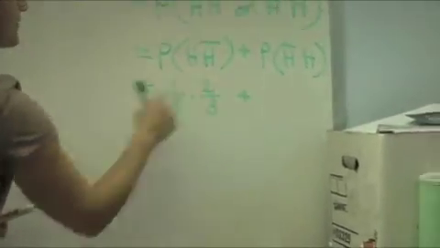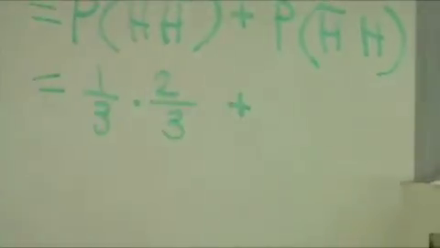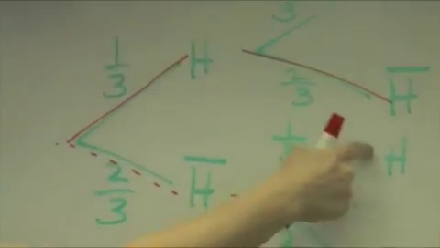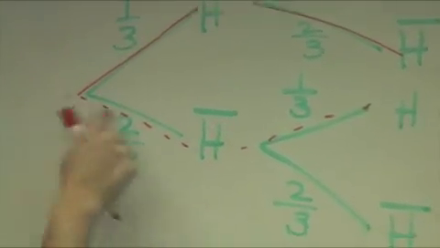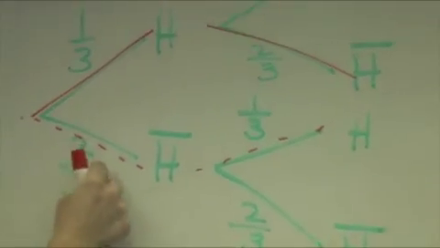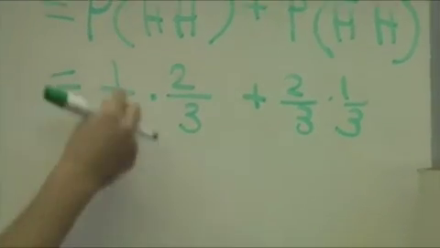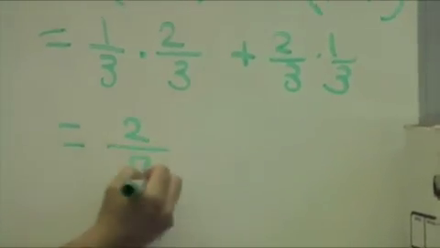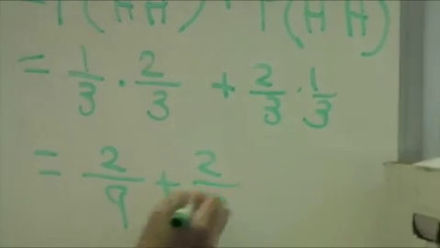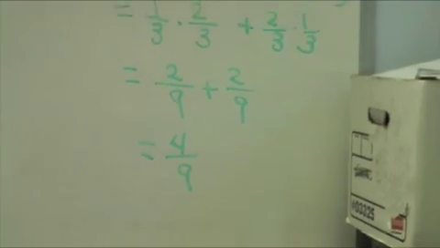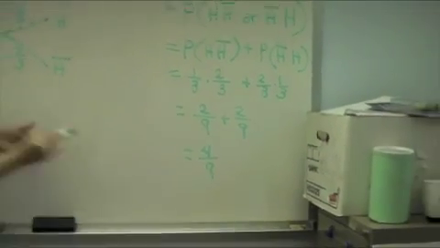And then we bring down the addition, and then this path, H bar, H is this path here. It's going to end up being the same result, but the path actually takes a different order, the 2/3 times the 1/3. I don't know if that box is in the way. And performing the multiplication and addition, we get the probability that exactly one of the deaths was a heart attack is 4/9.